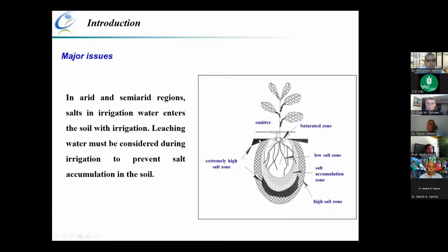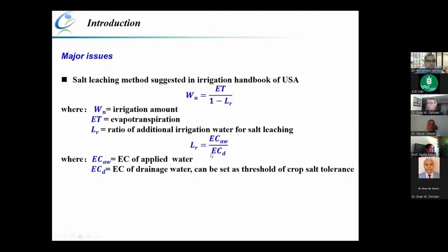This map shows that after drip irrigation, if we don't have a good method for leaching, salt accumulates in these black regions. If this continues year by year, new salinization problems will occur in the agricultural field.